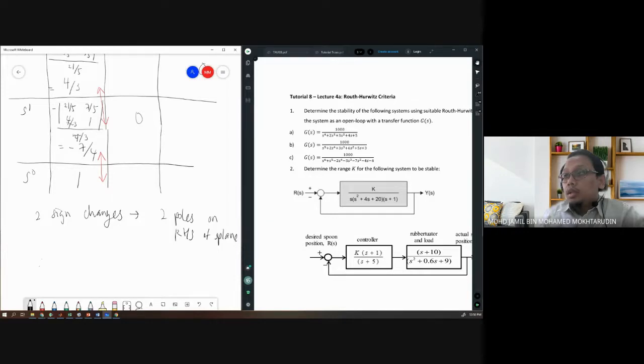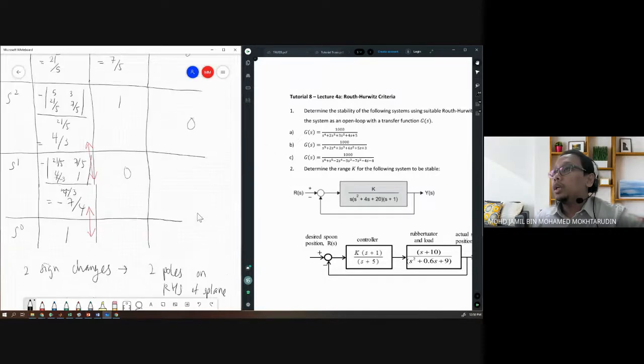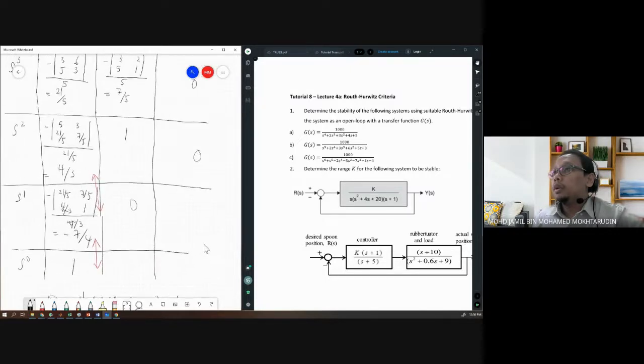So therefore the system is unstable. Okay. So when you encounter a 0 in the first column, then you reverse the coefficients.